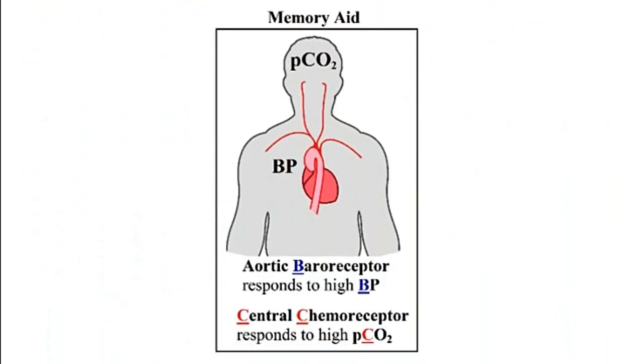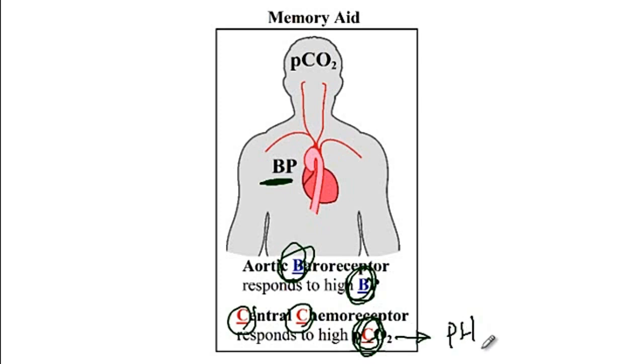The last thing I would like to show you here is a memory aid to help you remember which baroreceptors or chemoreceptors are specific in their response. As a reminder, aortic baroreceptors are only responding to high blood pressure. So here we have the blood pressure for the aortic baroreceptors, versus the central chemoreceptors, which are only responding to the high PCO2, and PCO2, as we discussed, is also related to the pH.